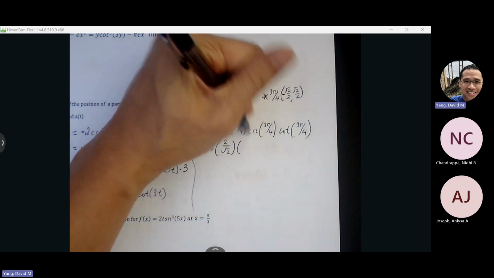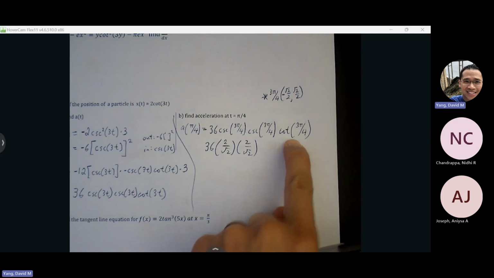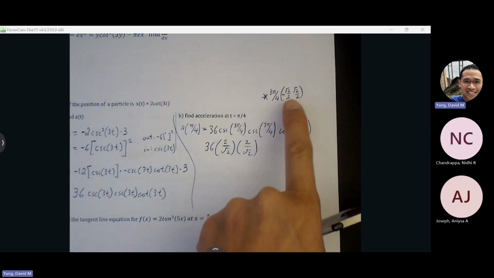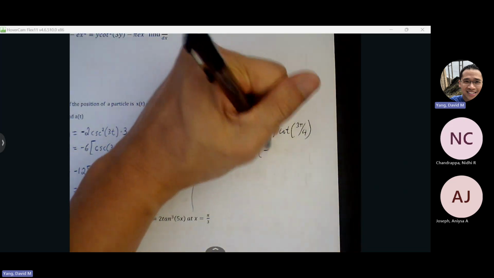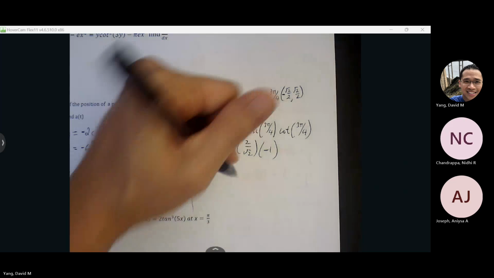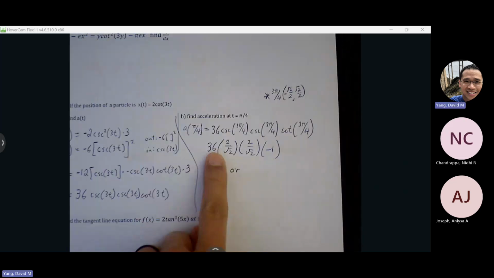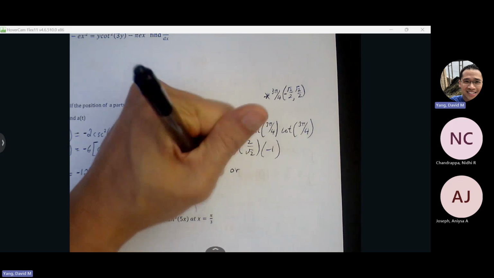Flip that again for cosecant. Cotangent is cosine over sine, or x over y. If I divide these two, everything cancels out except for a -1. You can leave it like this, or you can multiply this out to be -72.